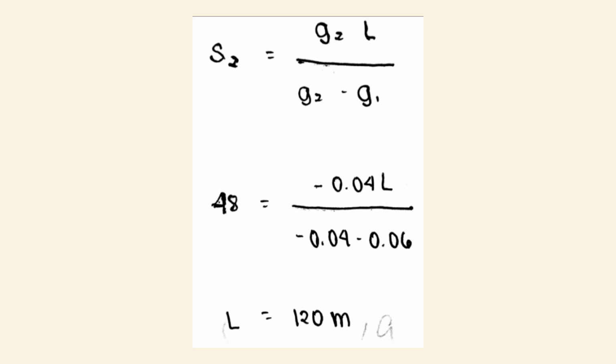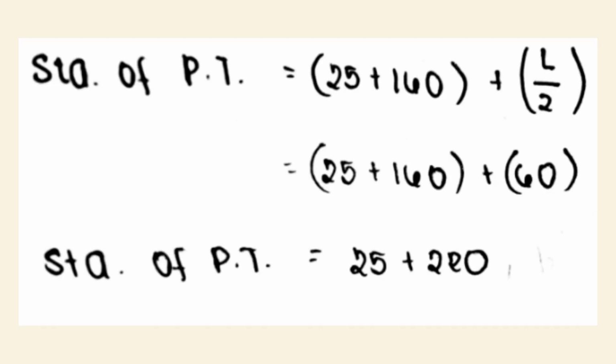Substituting values, the equation would be 48 is equal to negative 0.04 L divided by negative 0.04 minus 0.06. So the length of the curve is equal to 120 meters.